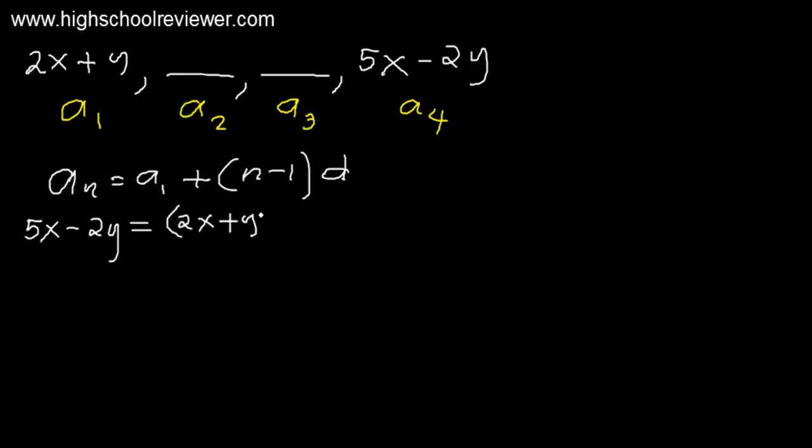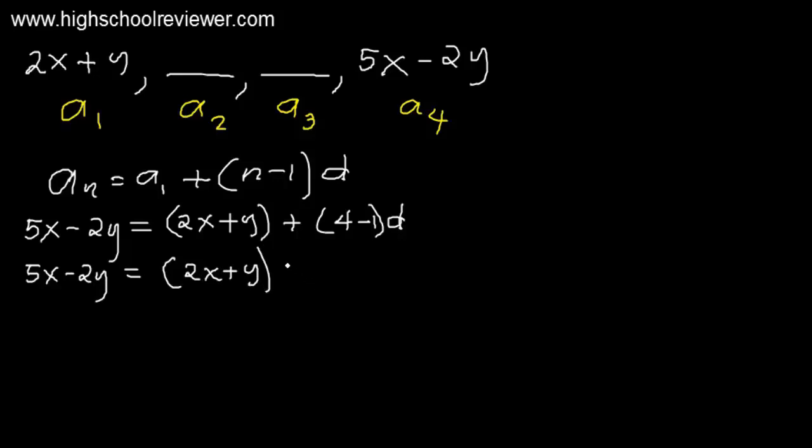Let's enclose this in parentheses. Plus, since this is the fourth term, our n is 4, so 4 minus 1 multiplied by D. So we have here 5x minus 2y equals the quantity 2x plus y plus 4 minus 1, which is 3, so this will be 3D.